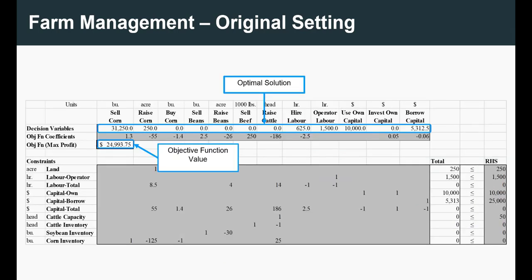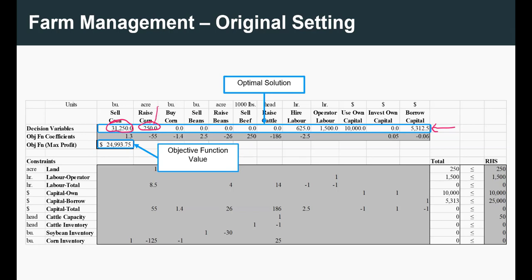Let me make it very clear: when we're describing linear programming, what do we mean by optimal solution? By optimal solution, we mean the values of the decision variables. For each decision variable, what is the value that you solved?